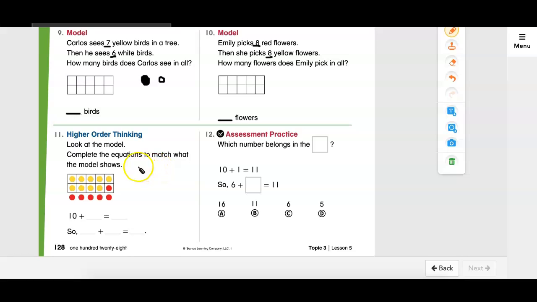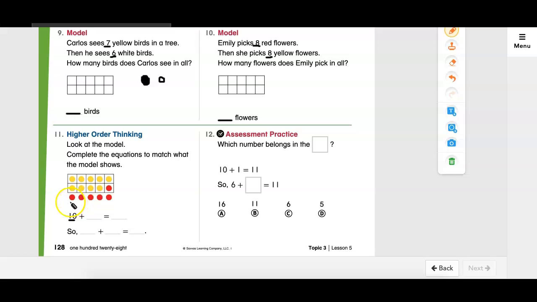Number 11 says, look at the model. So that is our tens frame right here. It says, complete the equations to match what the model shows. So it wants us to write the equations that match our tens frame. So our tens frame shows us that it is full, so we know this is 10. So our equation begins with 10, that's already filled in for us.